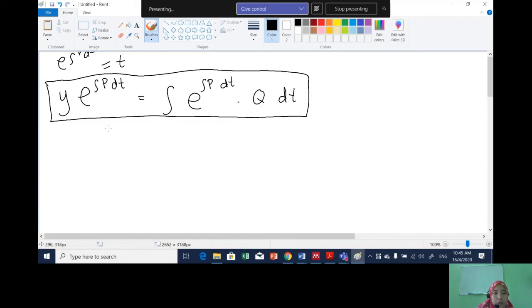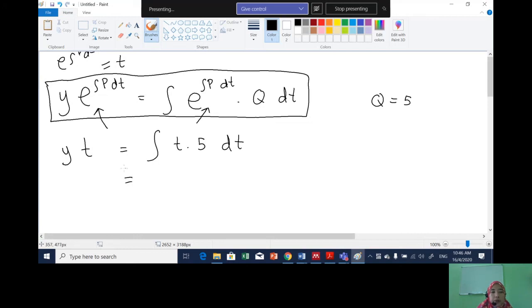Okay, so in our Q just now, remember the one that we have transformed, our Q just now is equal to 5. So we substitute. Once we substitute, we have y t equal to the integral of t times Q, which is 5, then we have dt.